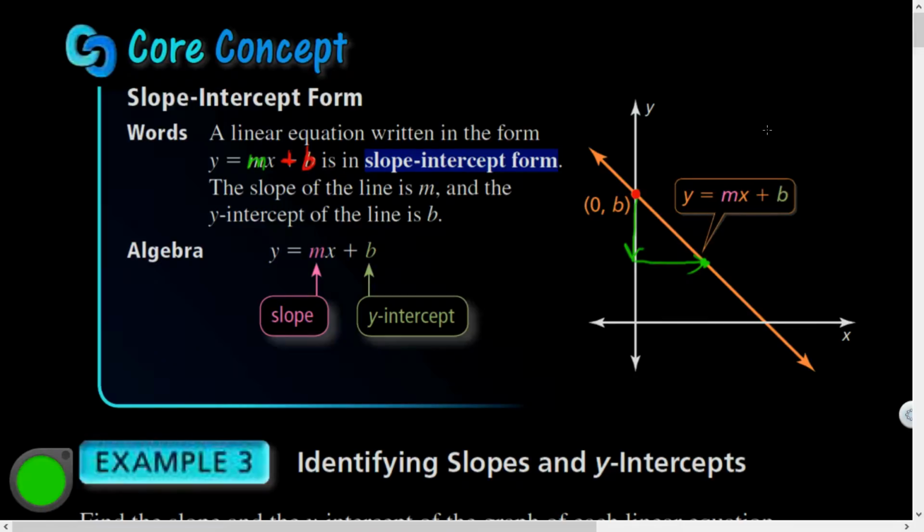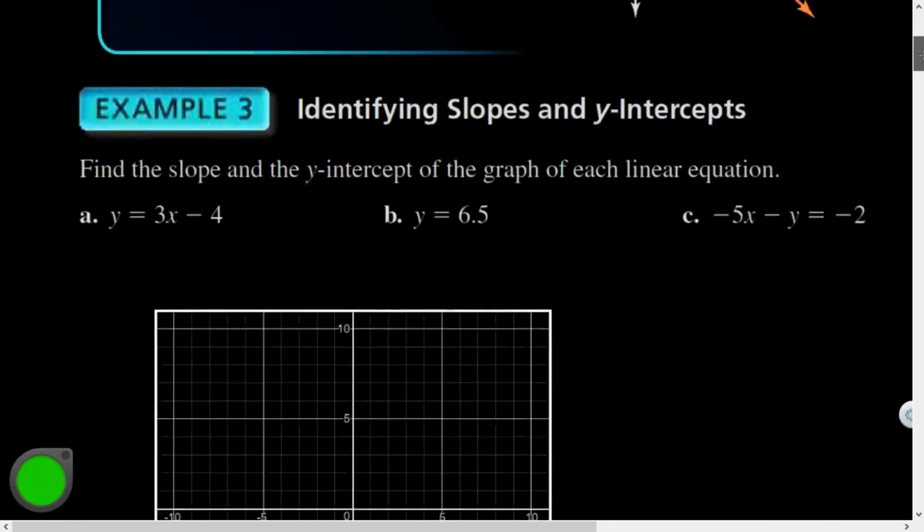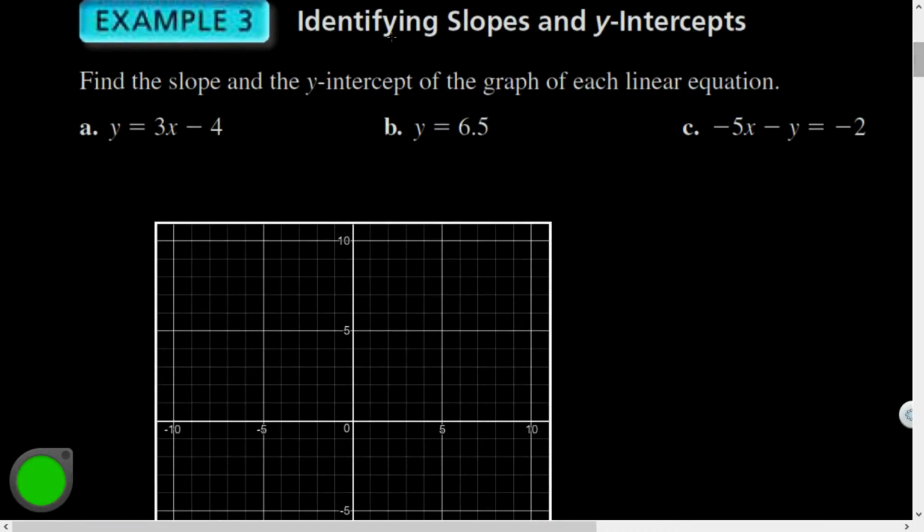So let's take a look at example 1 and give this a try. It says, find the slope and y-intercept of the graph. So for this equation, what does m equal? M is going to be the coefficient of the x term. So the slope is 3. All right, m is equal to 3.